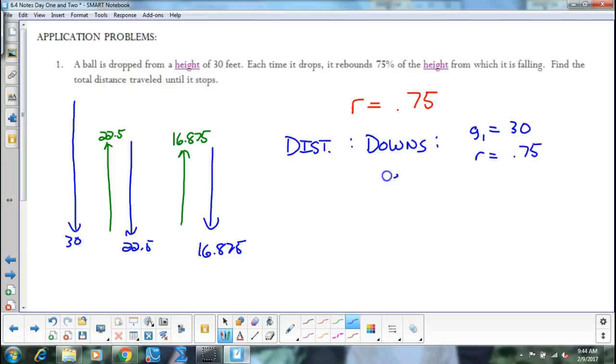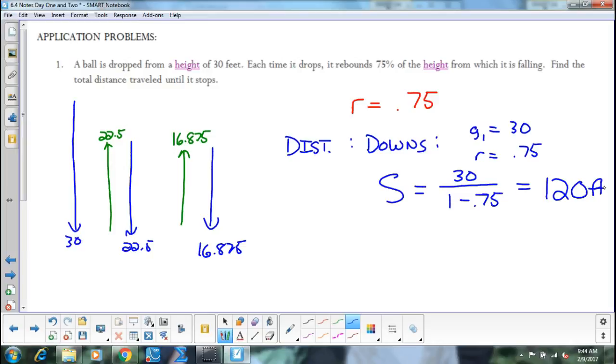So the sum would be 30 divided by 1 minus 0.75, right? Okay. So what is that? That's 120. So traveling just downward, that ball traveled 120 feet.